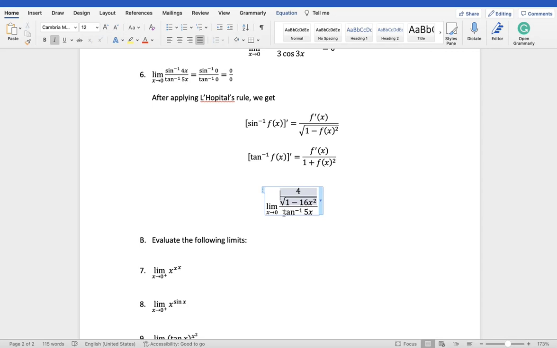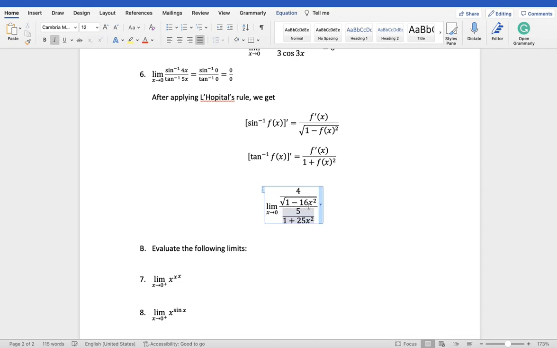Apply the same logic now to the denominator. What do you get in the denominator? 5 over the root of 1 minus 25x squared. Are you sure? Oh, 1 plus 25x squared. Yeah. So there you go.